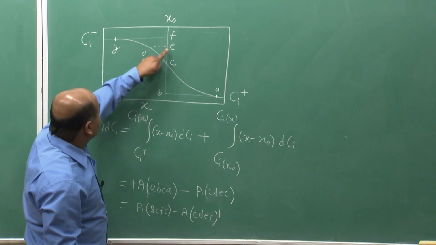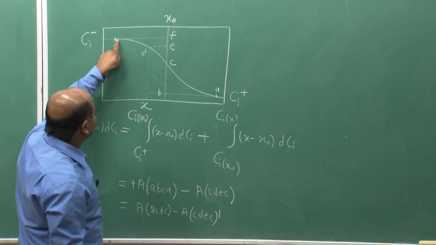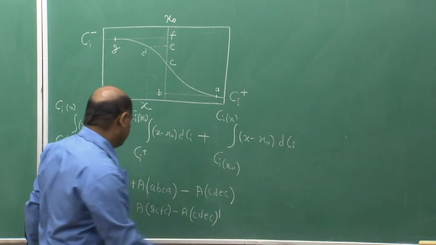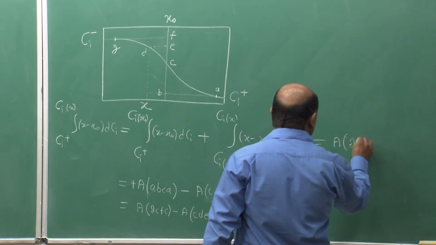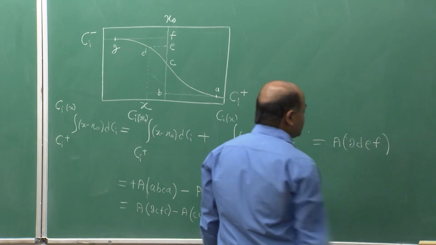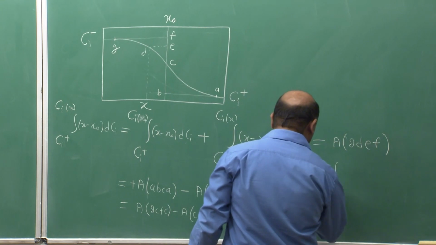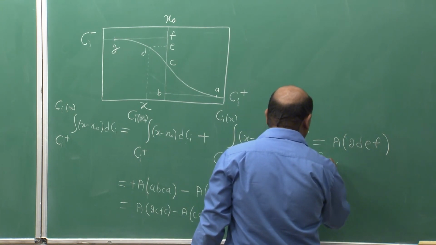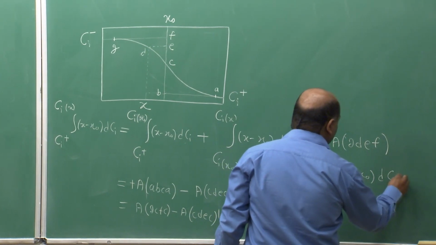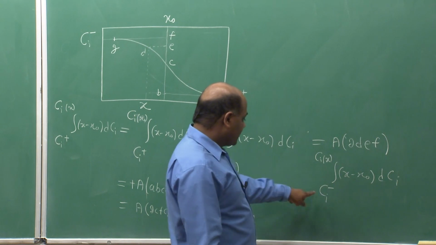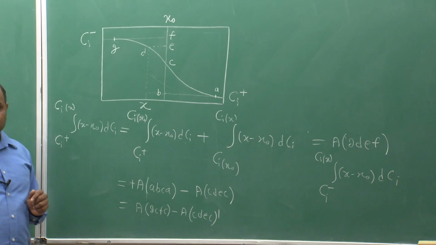So, this area minus this area is nothing but area GDEF. And area GDEF is nothing but integral Ci minus to Ci at x, x minus x naught dCi. So, whether you integrate from left terminal or from right terminal, it should not matter.